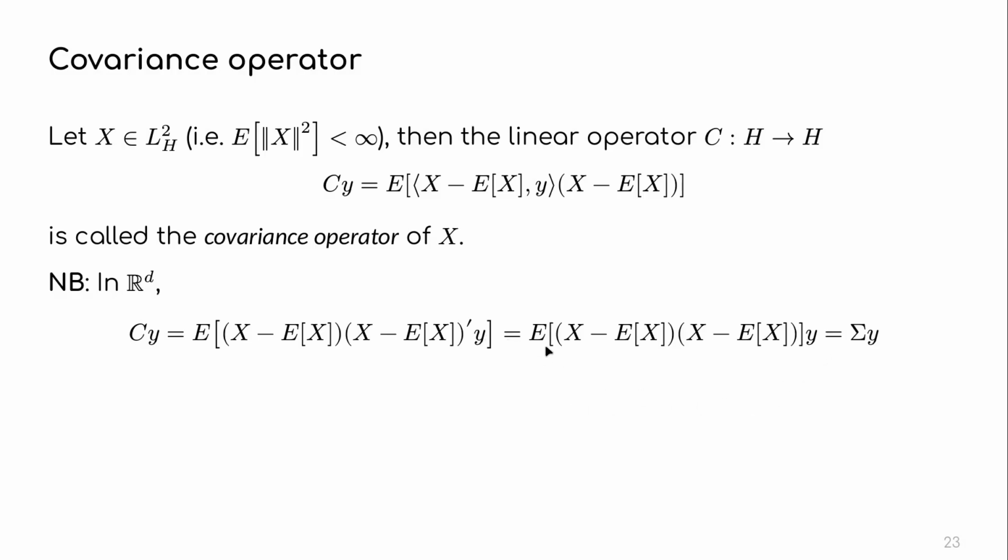It's again the expectation of this thing here, which we know is the actual covariance matrix, and so it's simply the covariance matrix times y. So it does in fact match the covariance in finite dimension. So okay, it's a covariance.